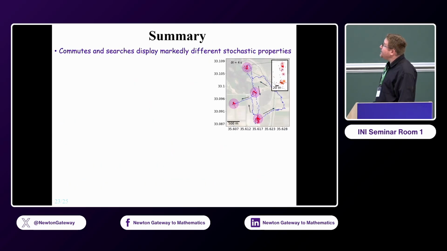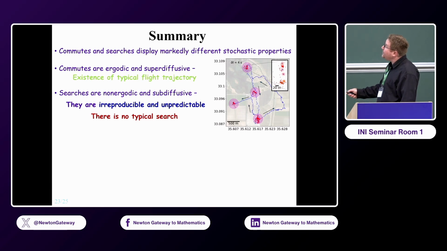I want to summarize this part. I have shown you that commutes and searches display markedly different stochastic properties. Commutes are ergodic and superdiffusive, whereas searches are non-ergodic and subdiffusive. The fact that commutes are ergodic means that there exists a typical flight trajectory, but there isn't a typical search trajectory.